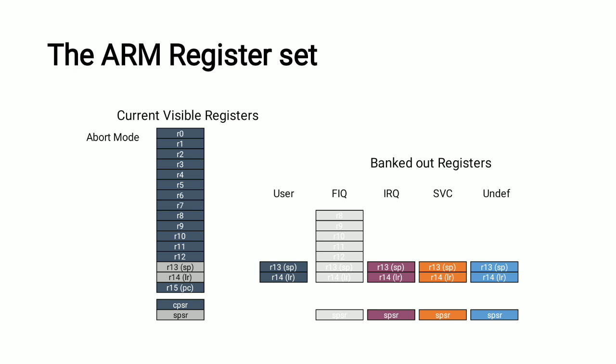Next we are going to see about the ARM register set. In the ARM registers, there are the current visible registers and the banked out registers. In the current visible registers, shown here for abort mode, it has R0 to R12 registers and R13 and R14.